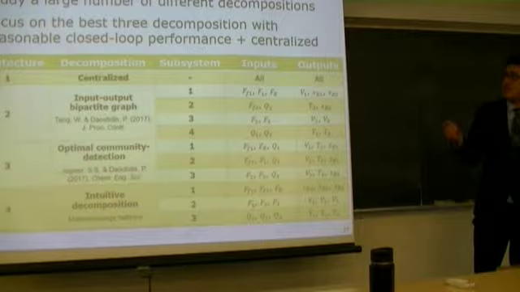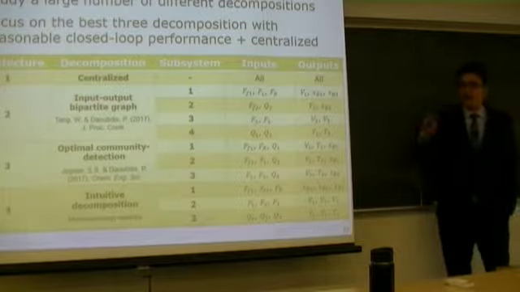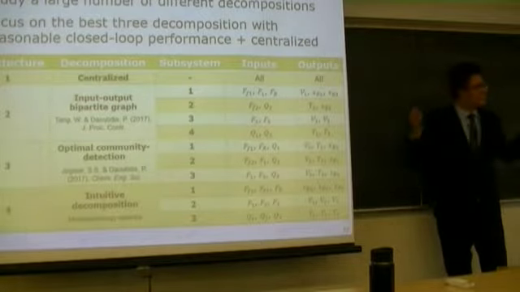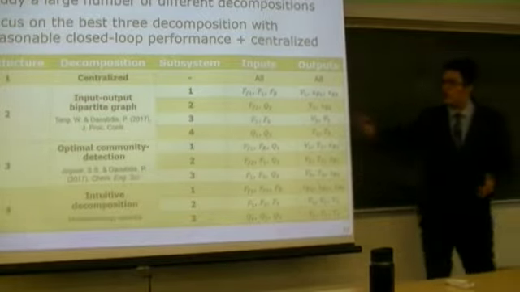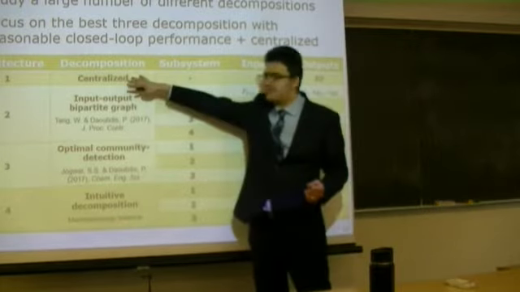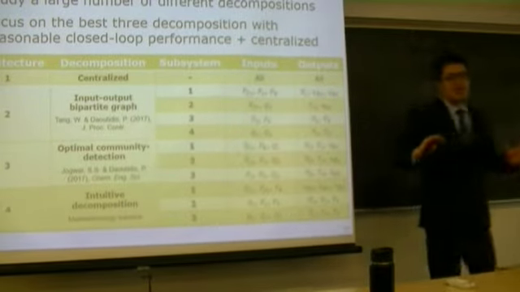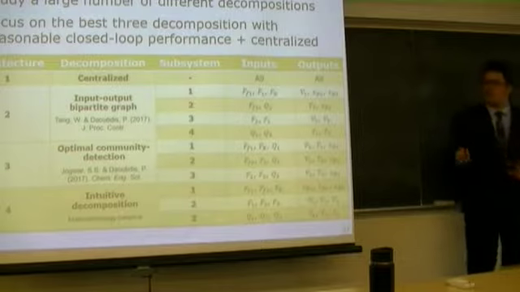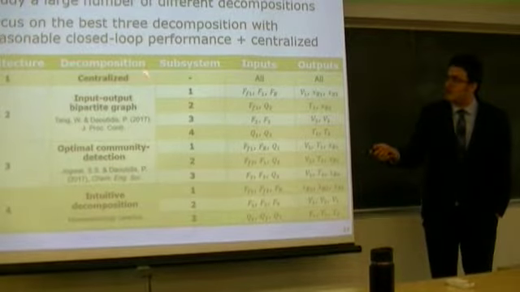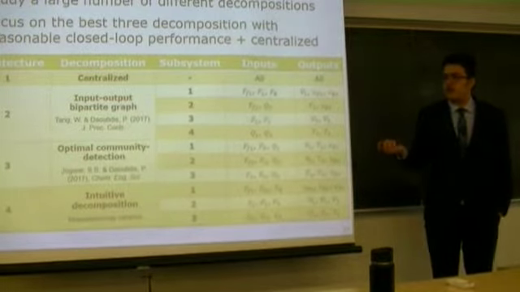We consider a large number of different decompositions, as I mentioned earlier in the previous slide, but out of all of those more than 10 decompositions, I only chose 3 besides the centralized, which had the best closed-loop performance. The first one is the centralized model predictive control.